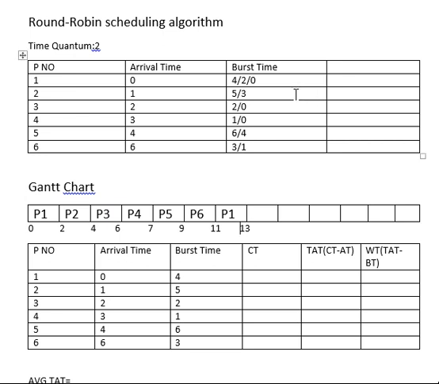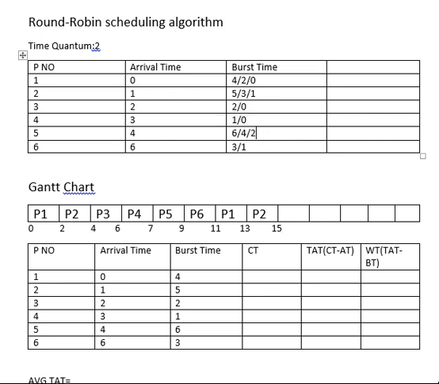Right, the next one in the queue is P2, so I'll place P2 over here. It's 3, so we need to do it again because still some burst time is remaining, so 13 plus 2 is 15. The next one is P3, which is over, P4 is over, so we go with P5.